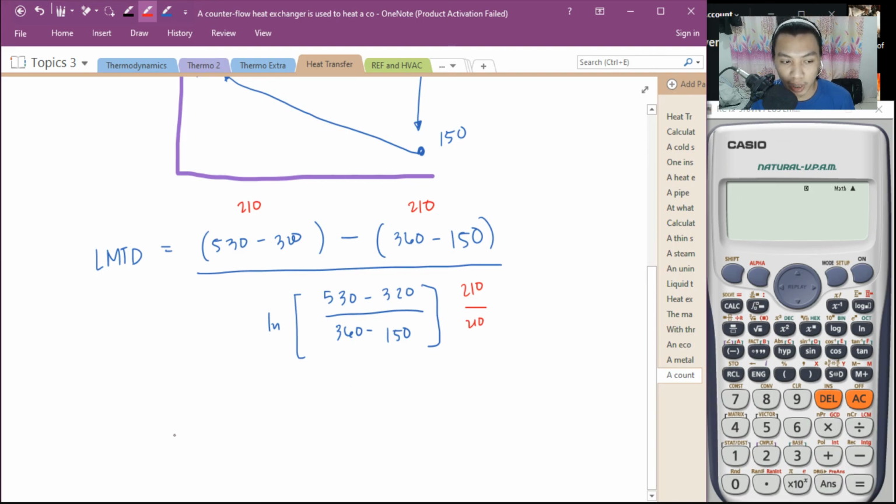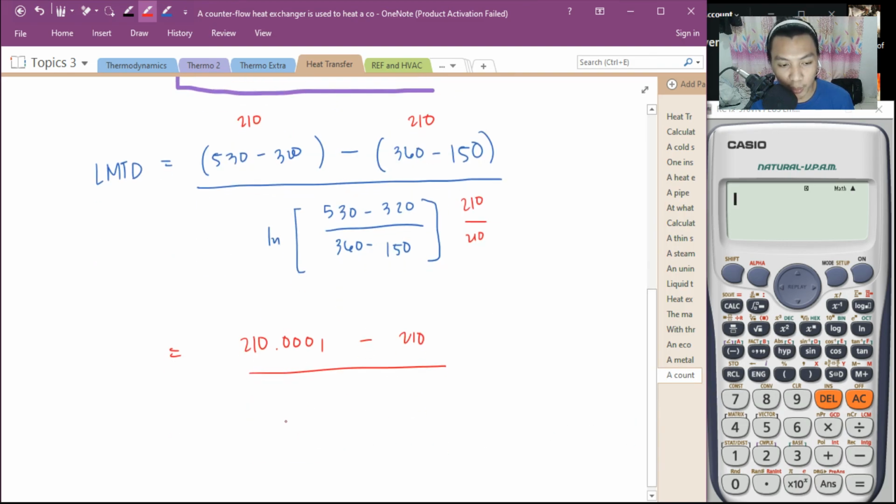Okay, ganito gawin natin. So, this is 210.0001 minus 210 divided by the ln ni 210.0001.